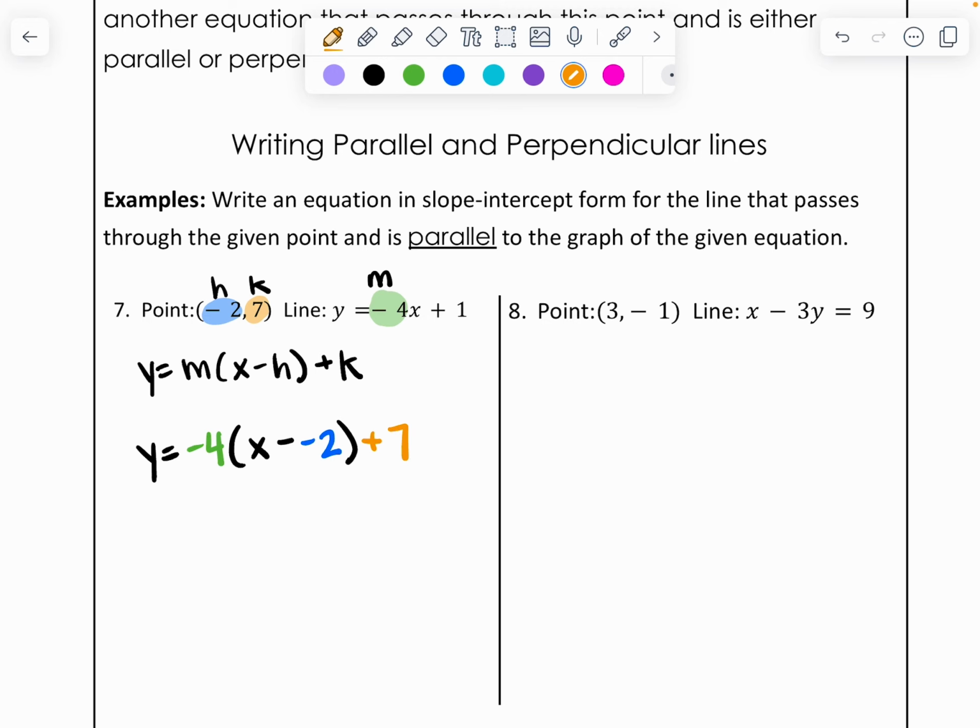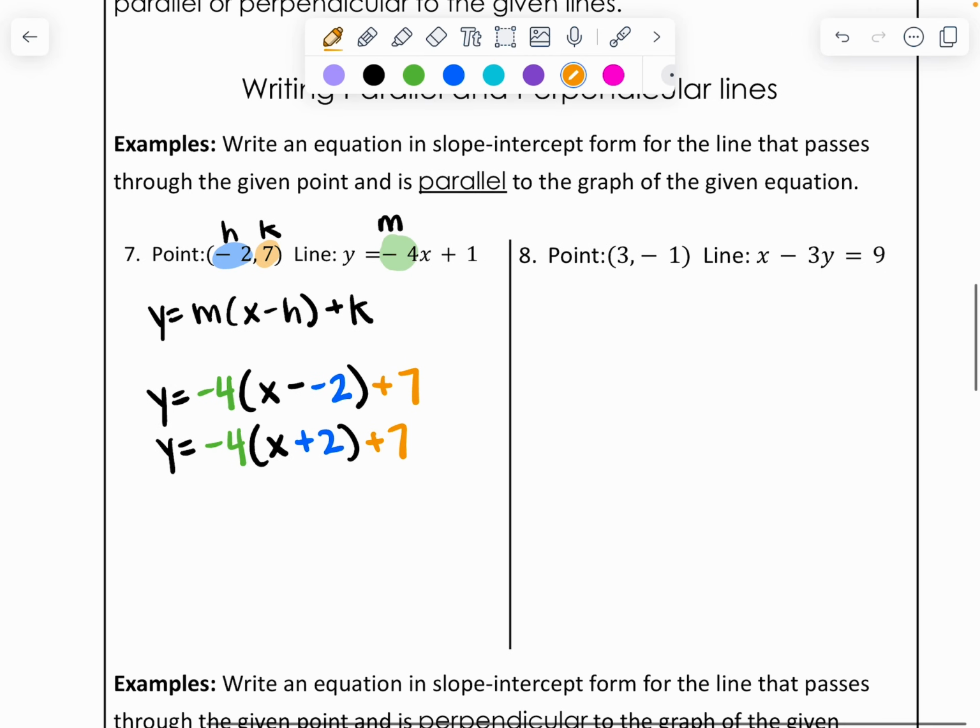Now I can simplify this. So first I'm going to get rid of that double negative. Y equals -4 times x plus 2 plus 7. Distribute the -4. So we have y equals -4x. -4 times 2 is -8 plus 7.